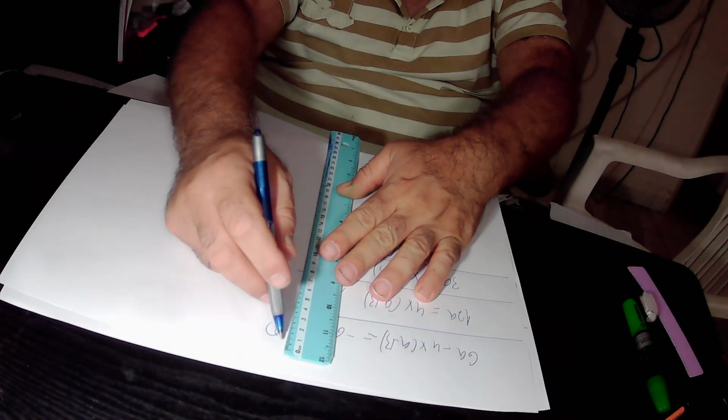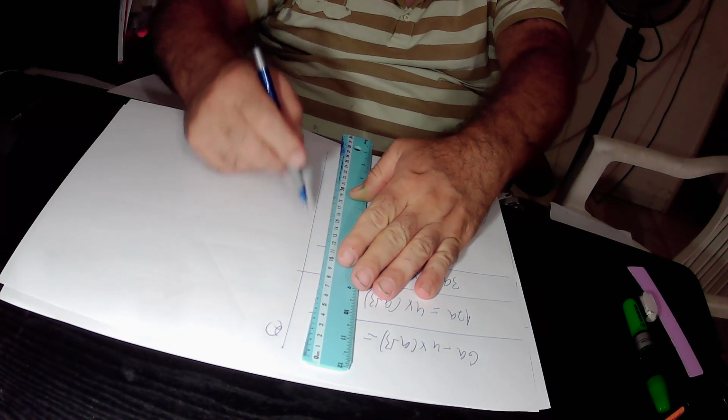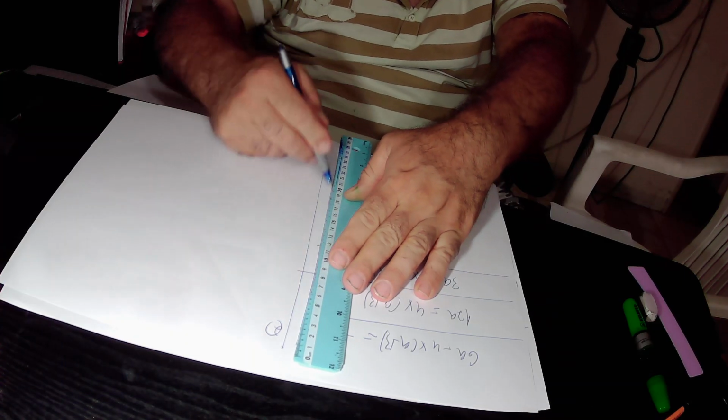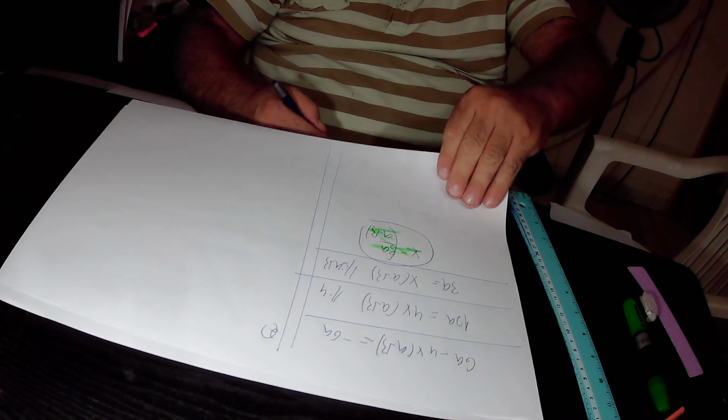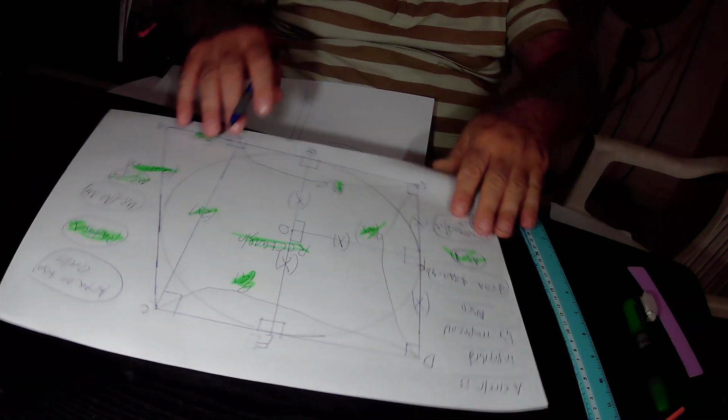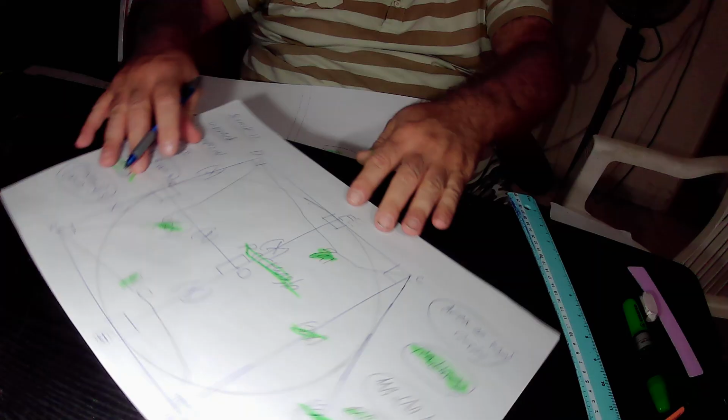In the next step, we will calculate the area of trapezoid ABCD according to the formula that I presented to you in the beginning of the lecture. What is the area of this trapezoid ABCD?